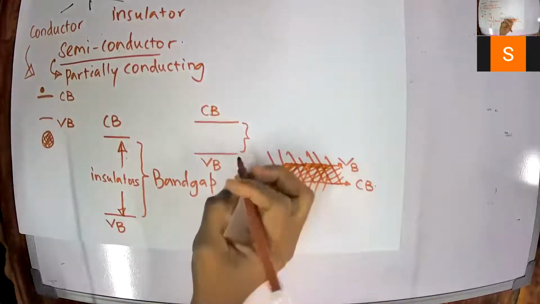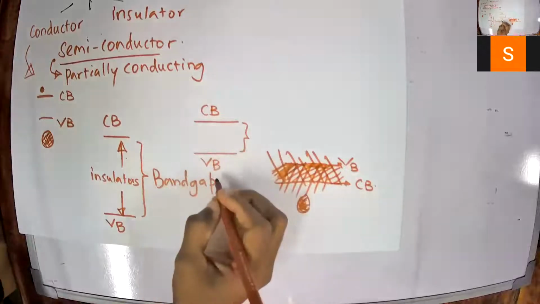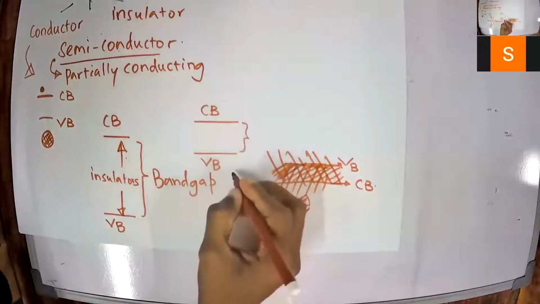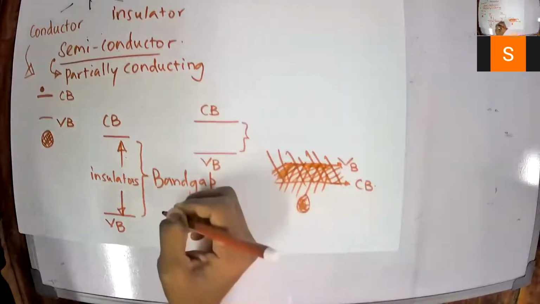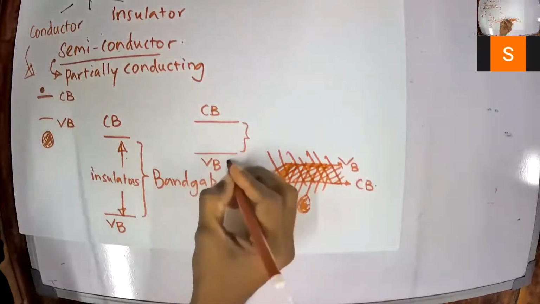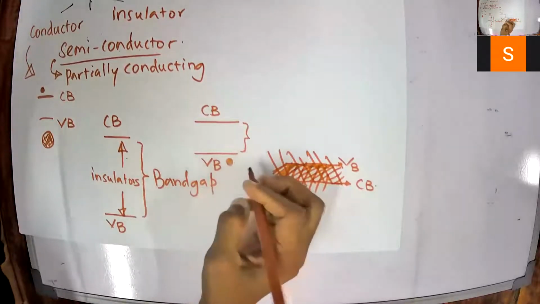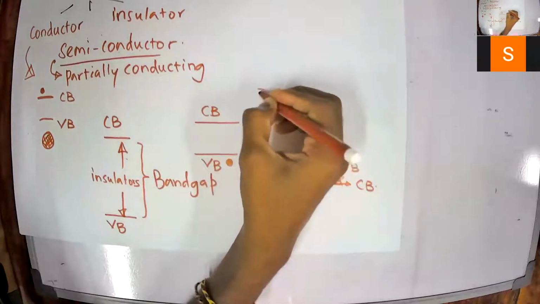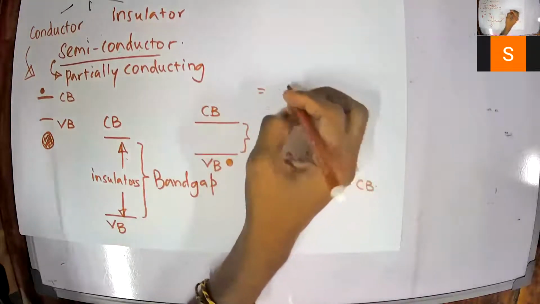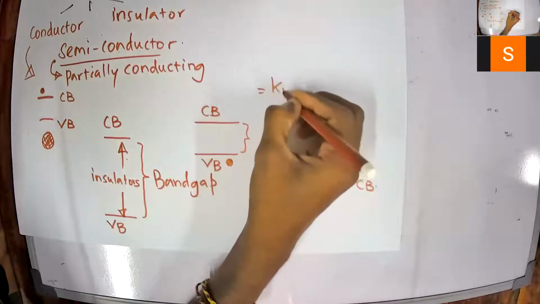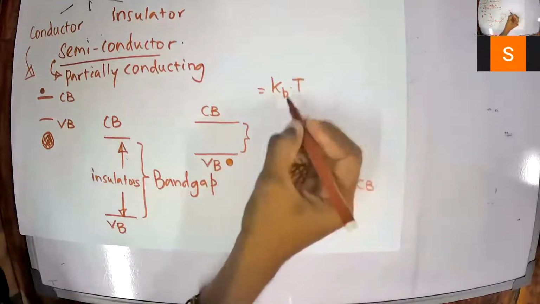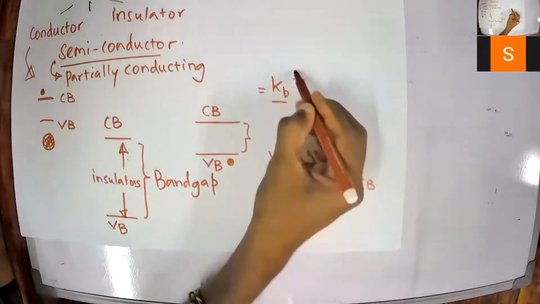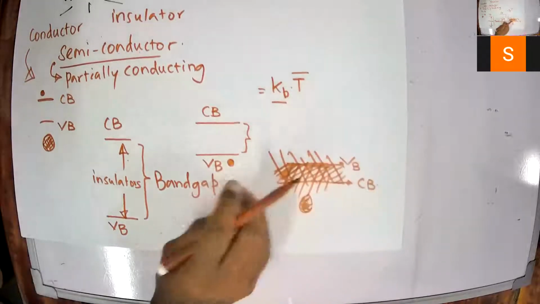So what will happen is, when you increase the temperature, virtually you are giving energy to the electrons at the valence band. The energy due to temperature is Kb into T, where Kb is the Boltzmann constant and T is the absolute temperature.